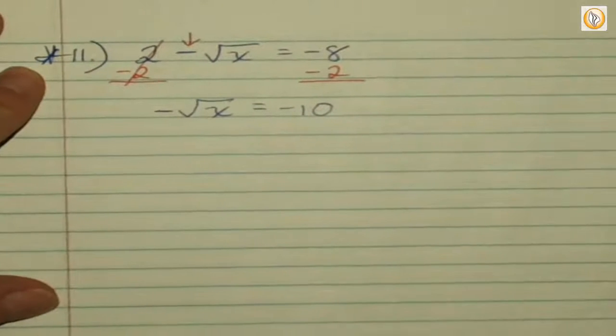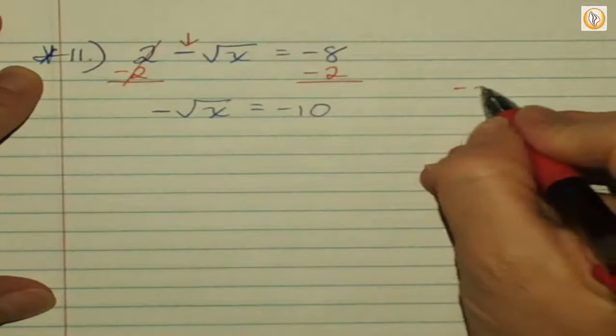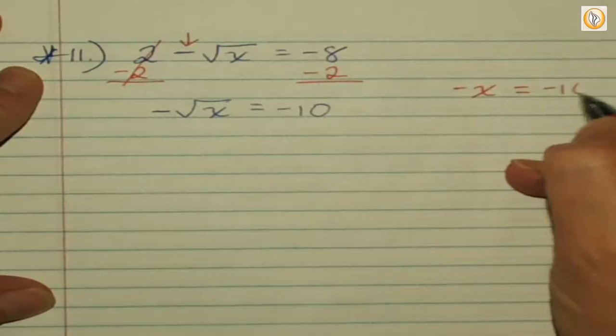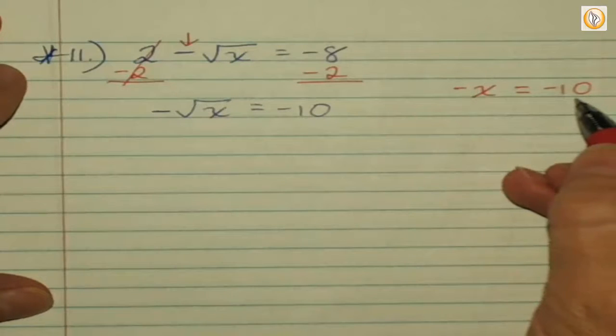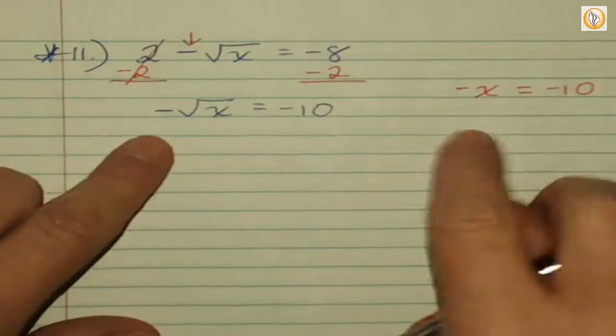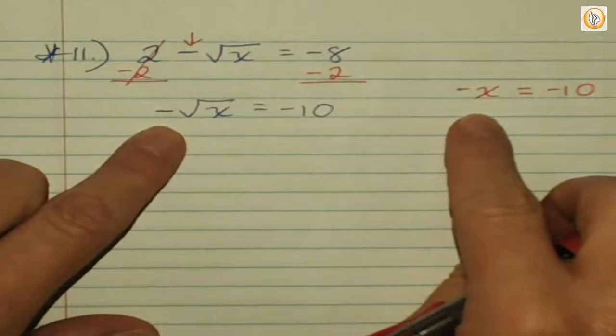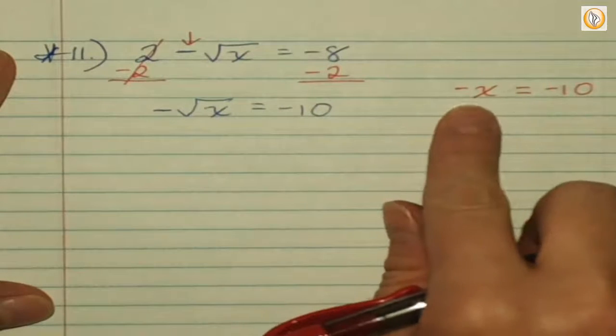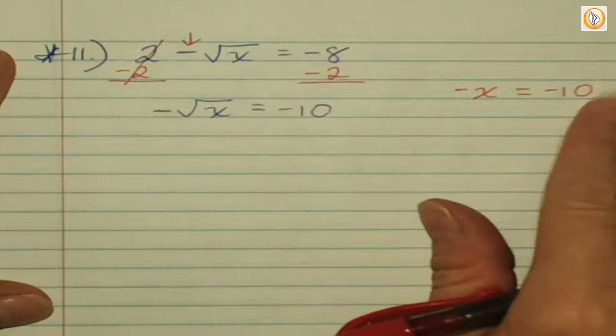Now, if you remember in the past, can I have a negative variable equaling something? No. So the same rules apply here. We get rid of the negative here and we apply it to this one.